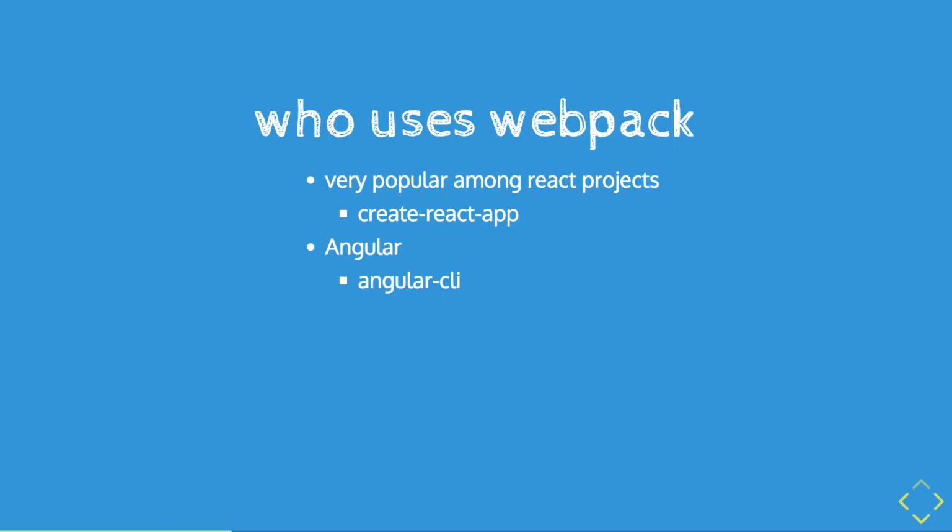What's kind of interesting is both of those projects hide the webpack config from you. And if you need to tweak it or disconnect from their control, you do what's called an eject. I thought that's kind of an interesting way to do it.